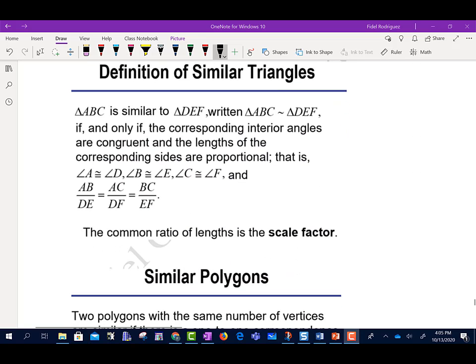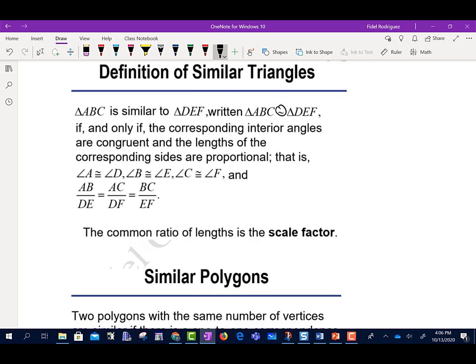It says triangle ABC is similar to triangle DEF, and this is the little symbol we use for similarity. It's like a little squiggly. It says if and only if the corresponding interior angles are congruent and the lengths of the corresponding sides are proportional.